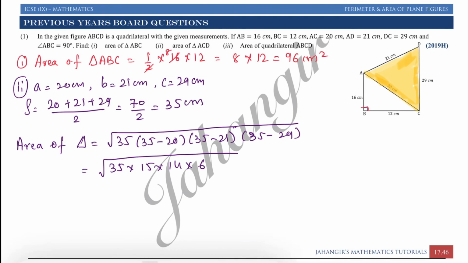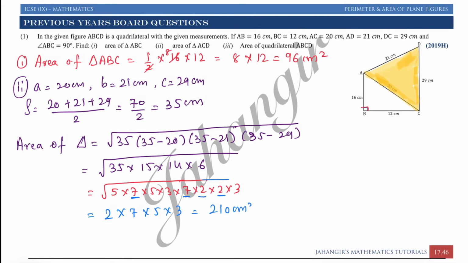You can now split into small prime numbers. 35 can be written as 5 into 7, 5 into 3, 7 into 2, 2 into 3. So now let us make a pair. 2 and 2, you can remove it as 2, then 7, then 5, then 3. So 7 twos are 14, 14 fives are 70, 70 into 3, 210 centimeter square. This is the second part.